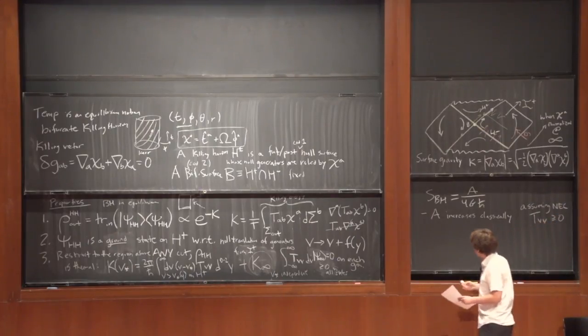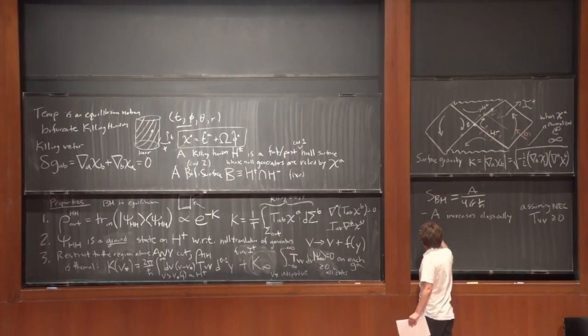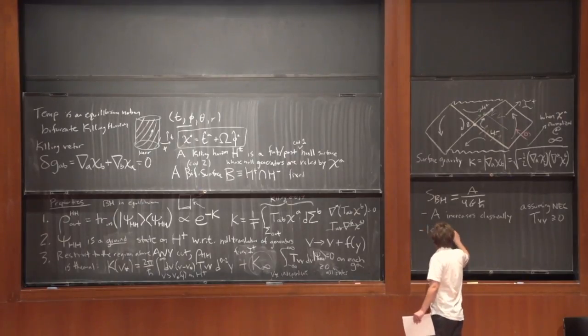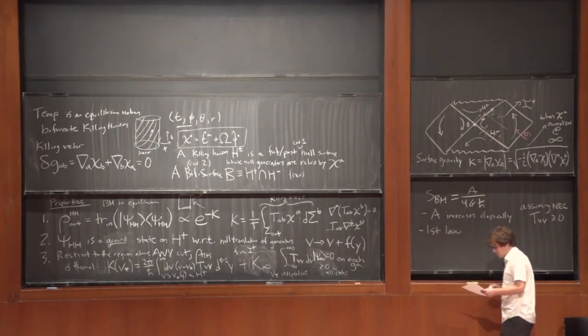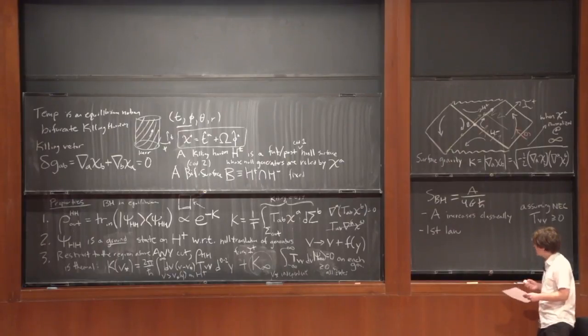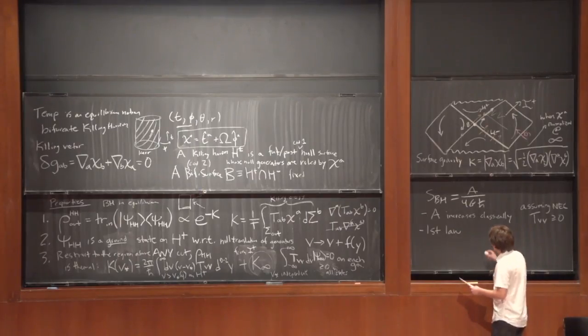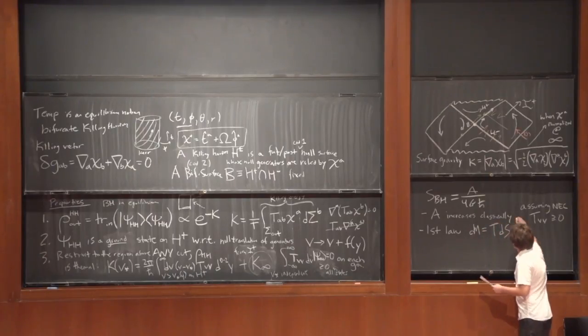But another thing is something called the first law of black hole thermodynamics. This is the statement that looks very similar to the Clausius relation of thermodynamics that says dM equals TdS.